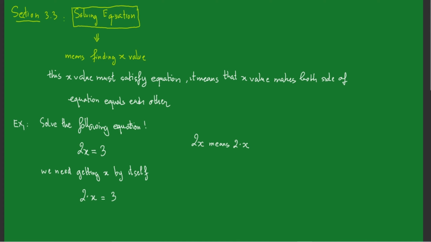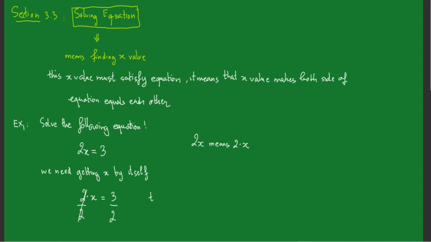In order to get the x, and this is a multiplication sign, we need to divide both sides by 2. When I divide both sides by 2, you see that I cancel this, there's no more number 2.